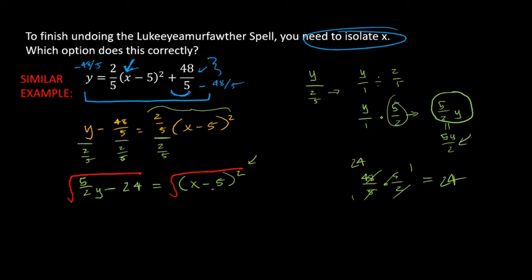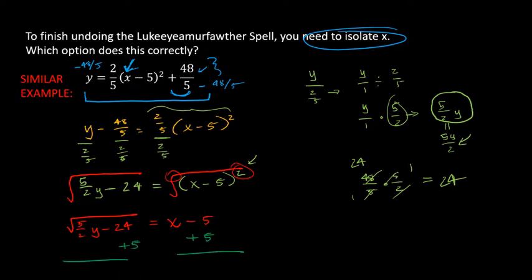So, let's see here. The square root of 5 over 2y minus 24, I'll just leave that all as it is, equals, well, the square root of something squared, those cancel each other out, and I'm just left with x minus 5. Now the only other thing I have to do to isolate x is to add 5 to both sides of my equation, right?